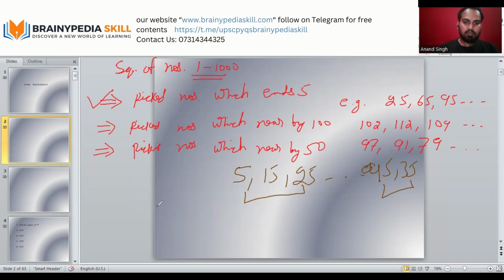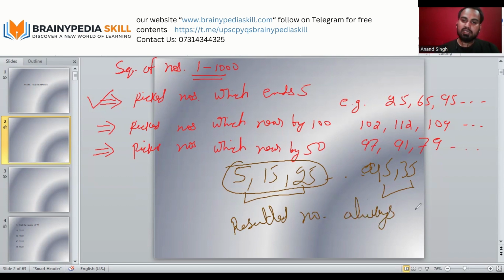So whenever a number ends on 5, just remember one particular trick. Whenever a number ends on 5, the resultant number, meaning the square of that particular number, always ends on 25.